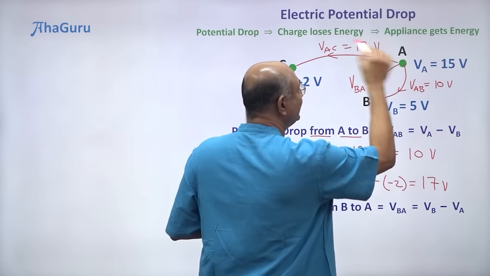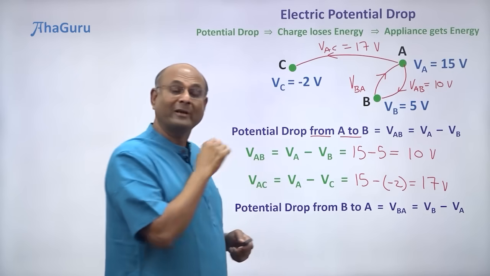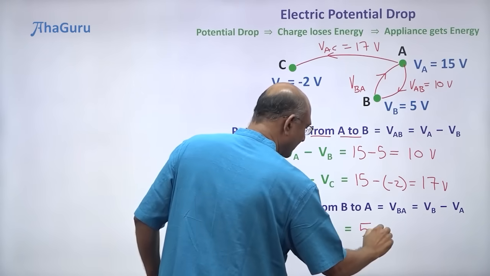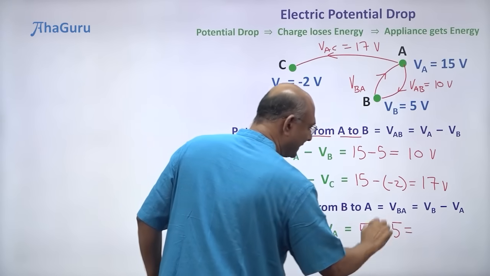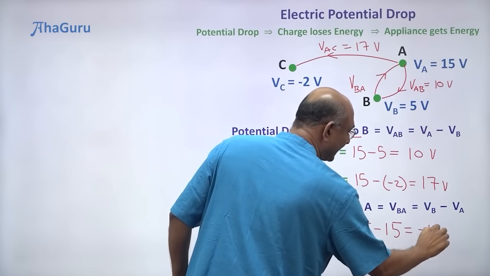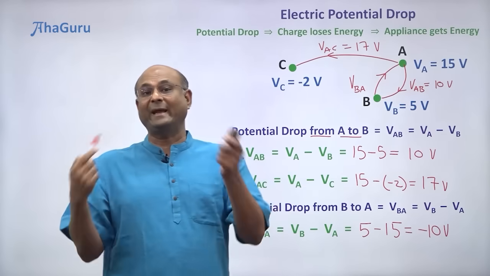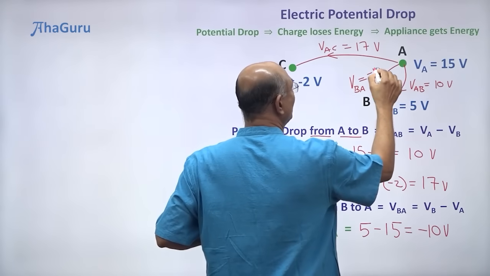Starting point minus the ending point. So VBA is VB minus VA. If I want to calculate that, how much is that? VB is 5 volts minus VA, which is 15 volts. So I'm going to get 5 minus 15, minus 10 volts. So is it okay to have potential drops being negative? Absolutely yes. Not at all a problem. So this is minus 10 volts.